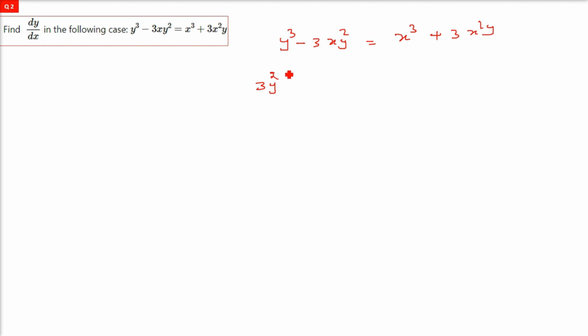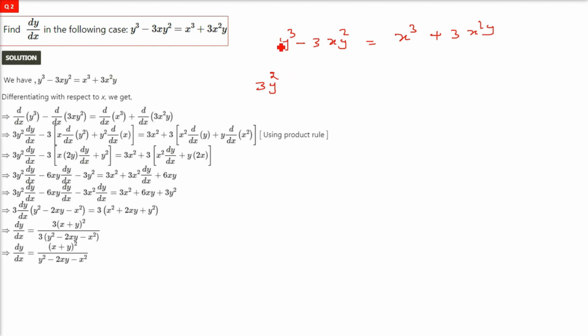We have to do the differentiation of y also. So 3y square, then we have dy by dx. Let us just write it. Then we have this minus 3. So xy square, let us do it separately, and x square y also will do it separately. So we have xy square.